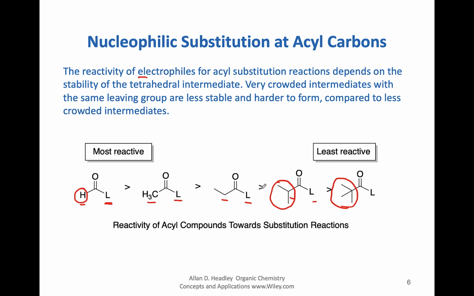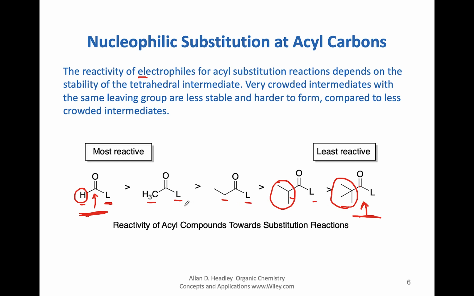So if it's sp3, that means that this would be a very crowded tetrahedral intermediate after the nucleophile has attacked here. This would be a less crowded intermediate after the nucleophile has attacked this carbon.